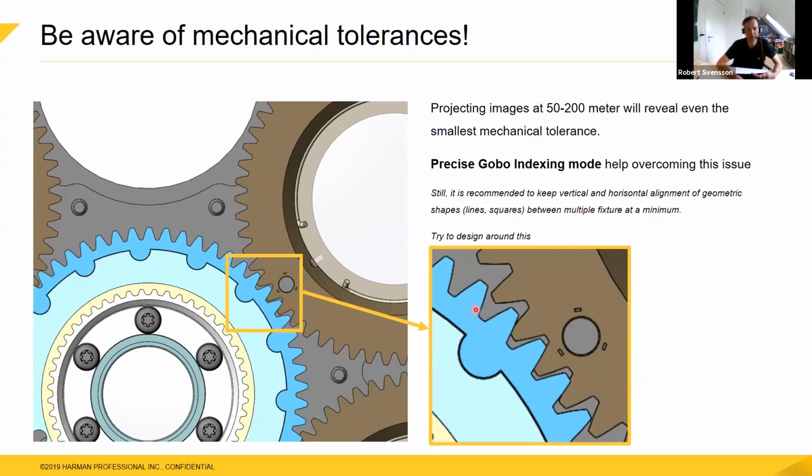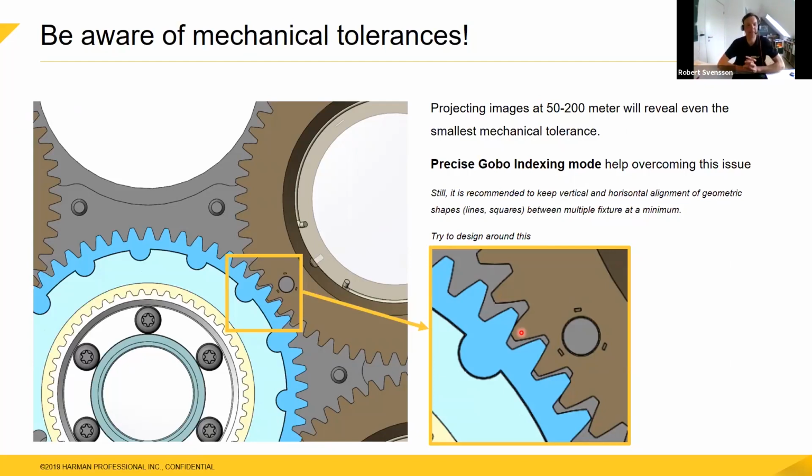So we always index from the counterclockwise. So it means the fixture will always index from the counterclockwise, so this tooth will always land on this tooth, and then we can take out this air gap from the equation. However, that only works if you also, as a programmer, program from a counterclockwise position, because then you understand what you see is also what you get.